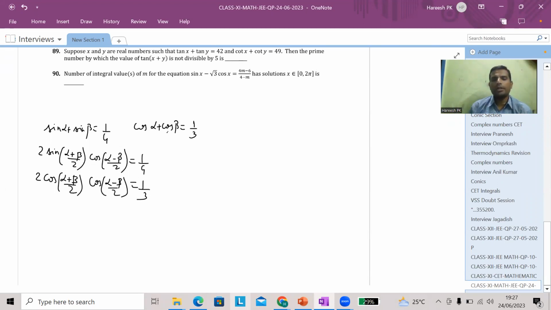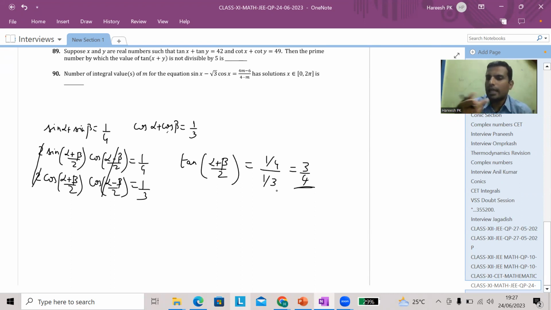So that when you divide, the cos alpha minus beta by 2 will go. Then you'll get tan alpha plus beta by 2 is 1 by 4 by 1 by 3. This is 3 by 4.